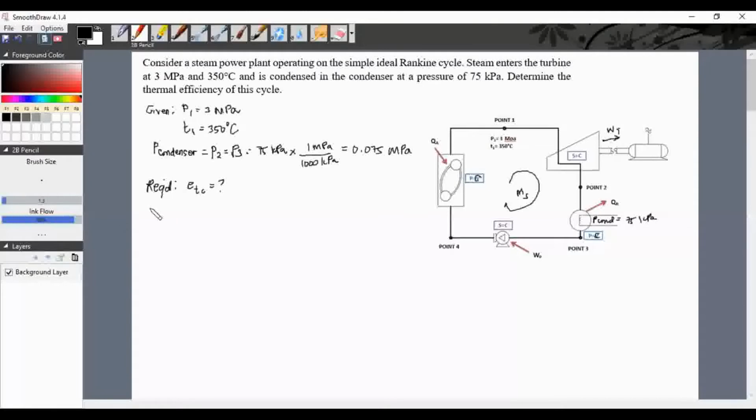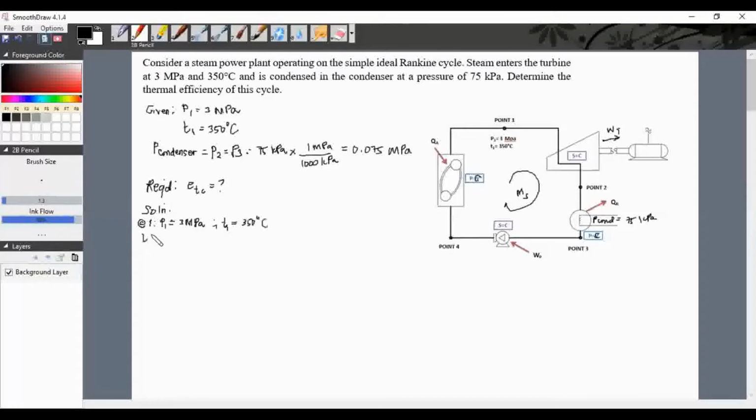So, solution. So, hindi naman tayo agad makakapag-solve. Kailangan muna natin hanapin yung values ng mga points, no? Ng enthalpy. Okay. At point 1, we have pressure 1 is equal to 3 megapascals and then we have T1 of 350 degrees Celsius. Okay?